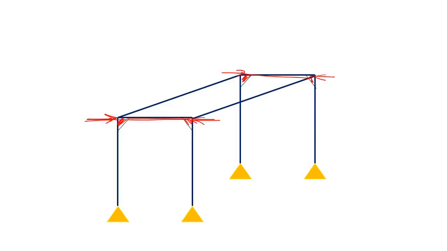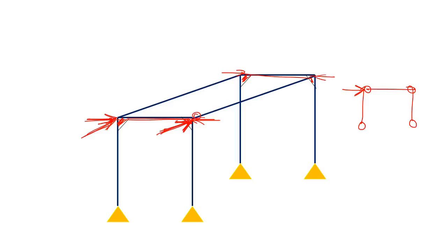But if we have any lateral load that is acting along the long side like this or like this, it is unstable, because in that case the frame becomes like this. This is pin joint, this is pin joint, this is pin joint, and this is also pin joint, and load is being applied like this. So along this long direction the structure is not stable.